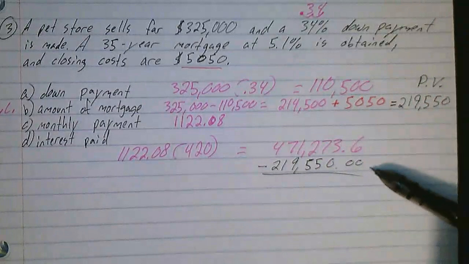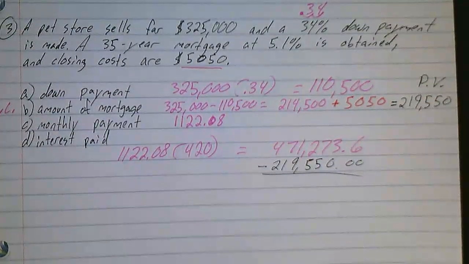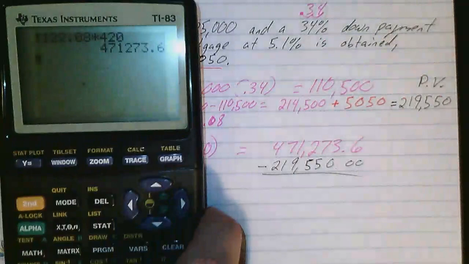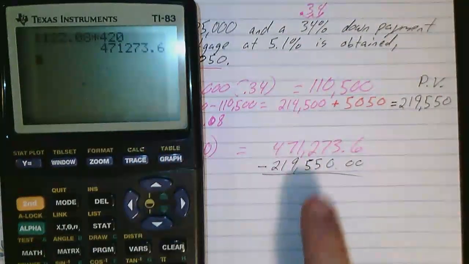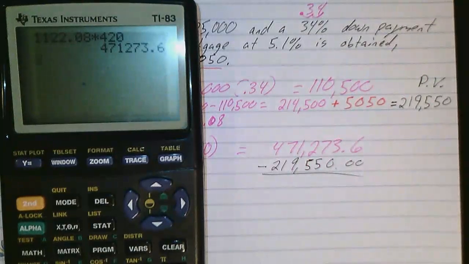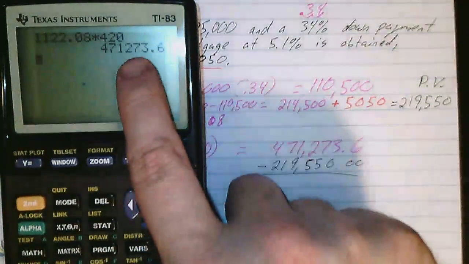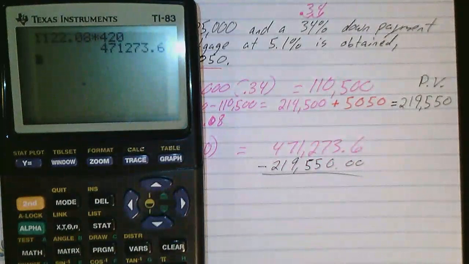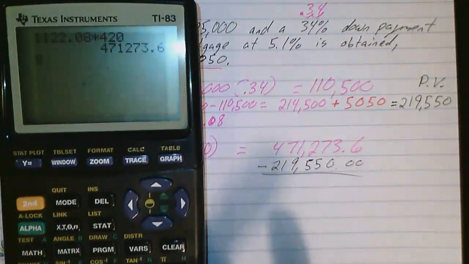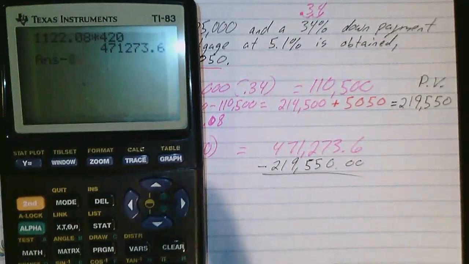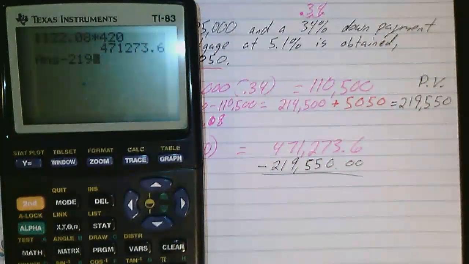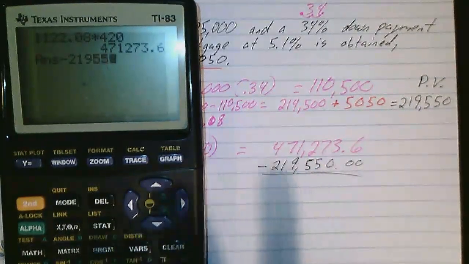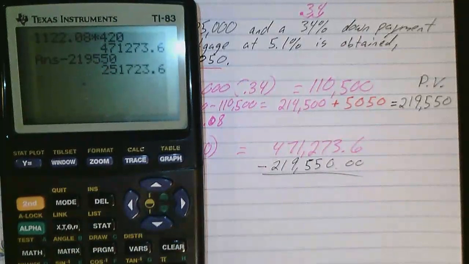This is what the loan was for in black. How much of that was interest? Again, you don't have to clear this or retype the number in pink here. Your calculator will subtract from the previous answer. So I'm just going to hit minus because I want to subtract from 471,273.6. Subtract this number in black here and hit enter.